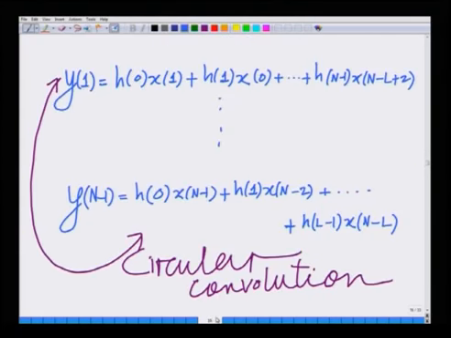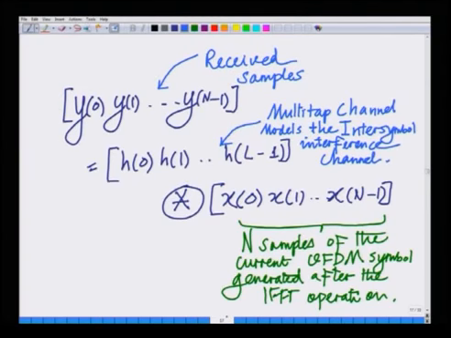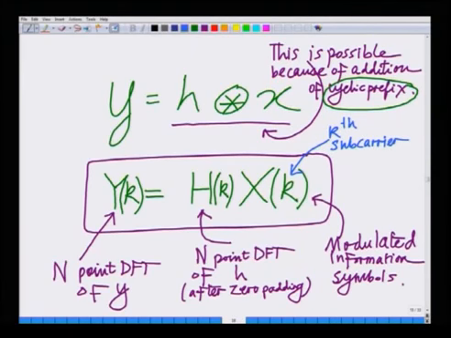Hence, we showed last time that the convolution across the channel is converted to a circular convolution, over the n samples of the current OFDM symbol. As a result, y is the channel h circularly convolved with x.